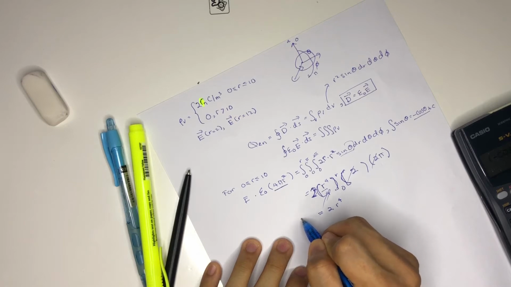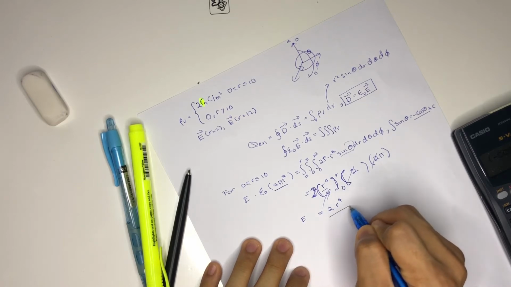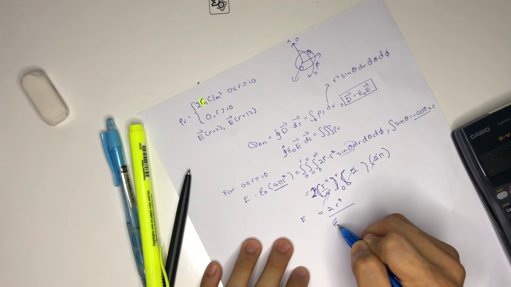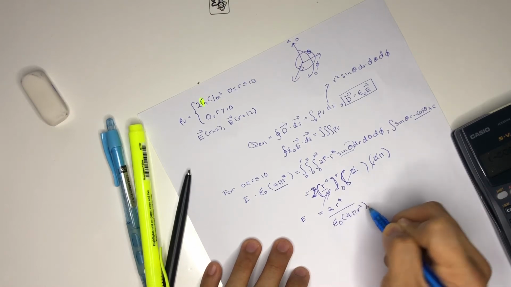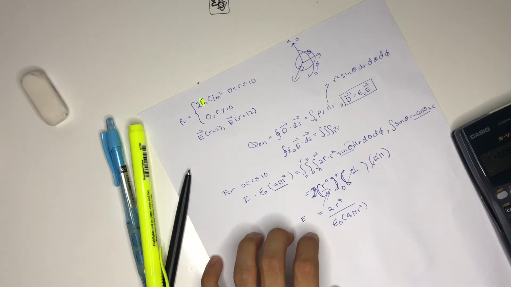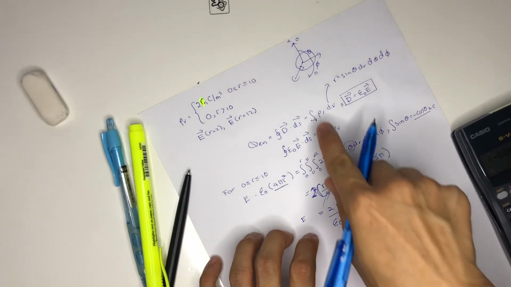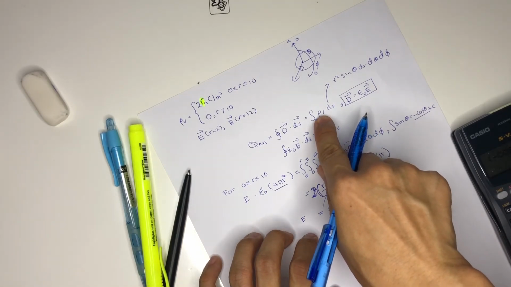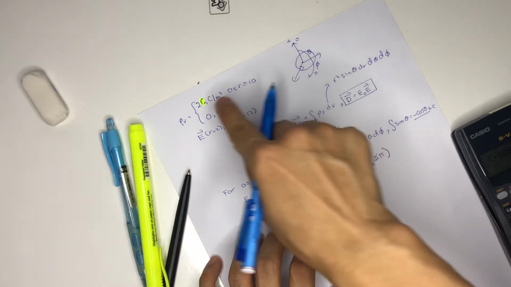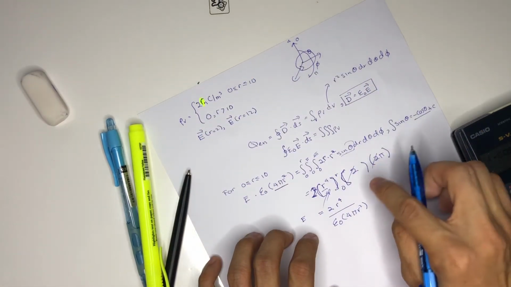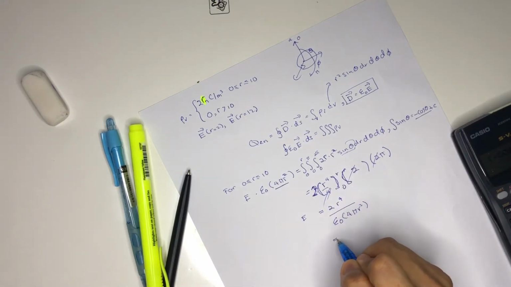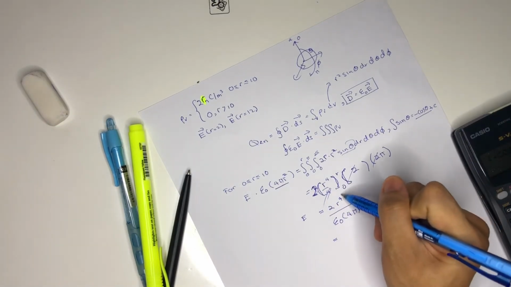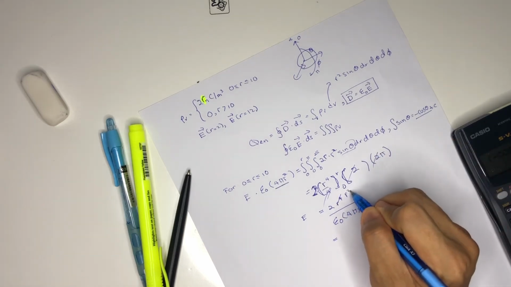Your E is actually over epsilon naught 4 pi r squared. Remember that your volume charge density is in nano, so don't forget there is nano at the back, okay? Then this one cancels out. You have r squared.